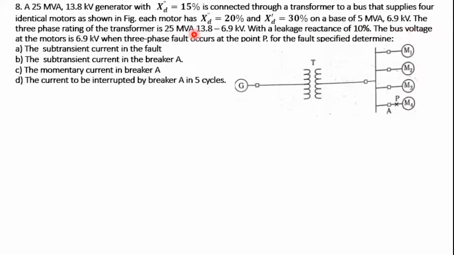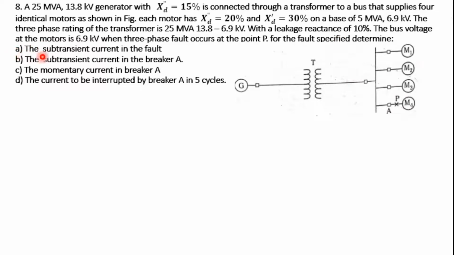The bus voltage at the motors is 6.9 kV, which is the actual value. A fault is going to occur at the point P, before the motor. For the fault specified, we need to determine four things.